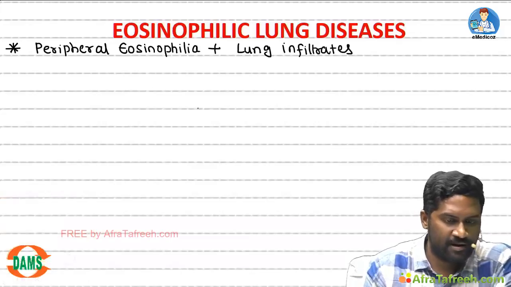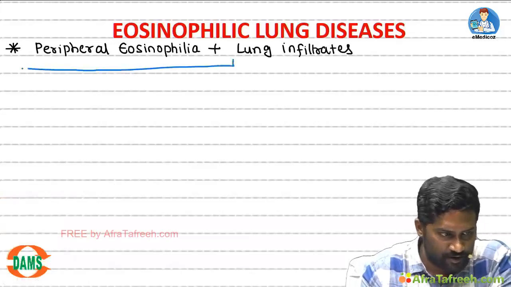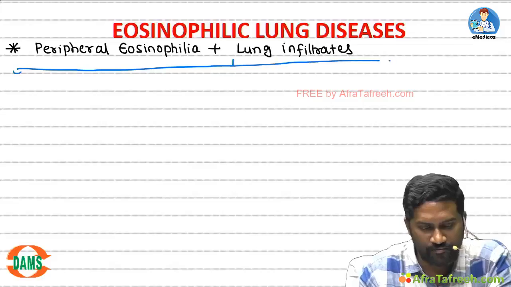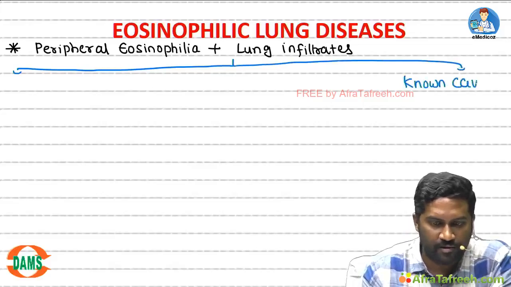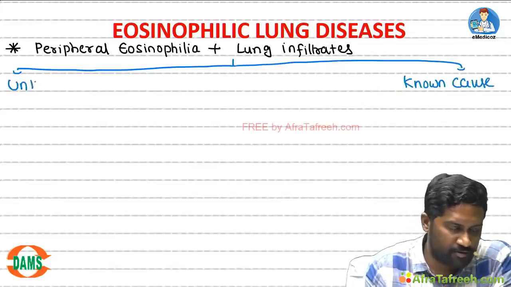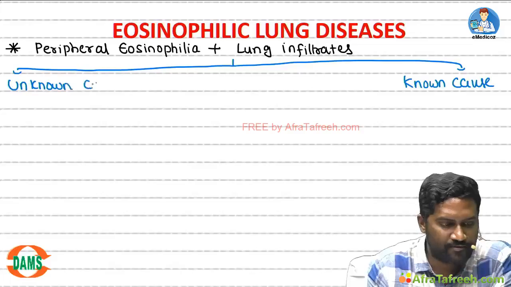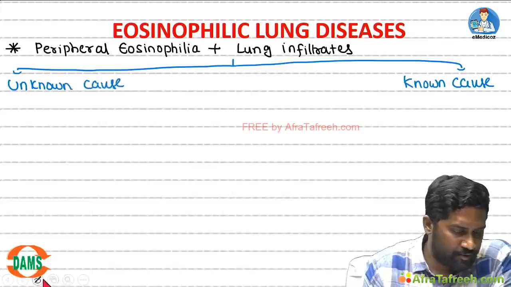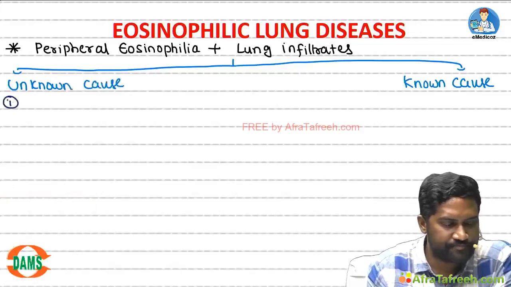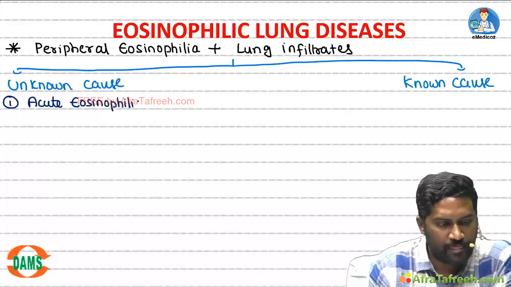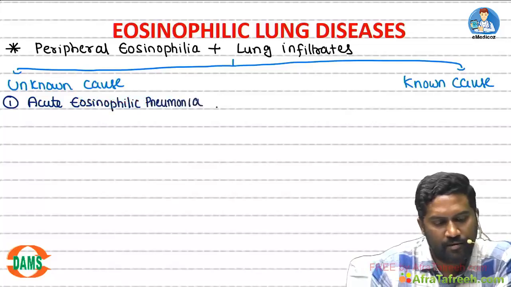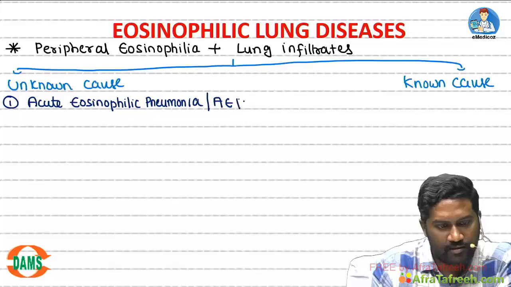Eosinophilic lung diseases can be classified into two groups. Those with a known cause, and those in whom the cause is not known. Under unknown cause, we have acute eosinophilic pneumonia, written as AEP.